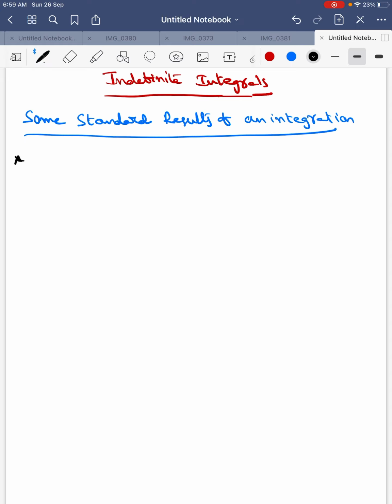First form: d by dx of the integral of f of x dx is equal to f of x. Why?